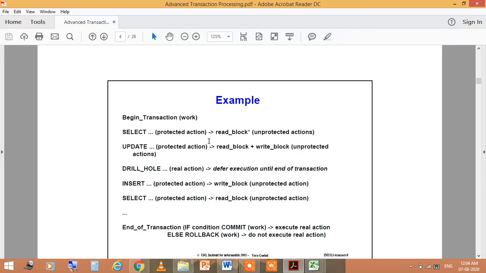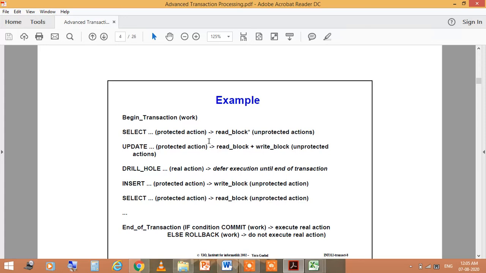Another is the drill hole, meaning read real action or pretend to defer execution until the end of transactions. Then comes the insert. This protection action is a write block, and this is unprotected, and the next one is the select, that is the protected item, read block and protected actions.